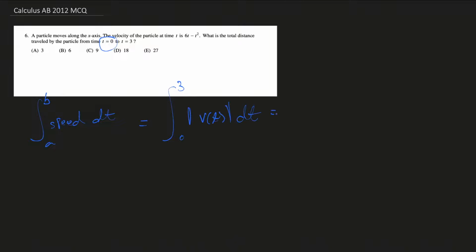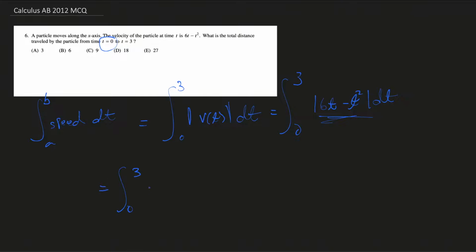So this would be equal to the integral of the absolute value of 6t minus t squared dt. And as a matter of fact, this function is always positive from 0 to 3, so there's no need to put an absolute value sign.